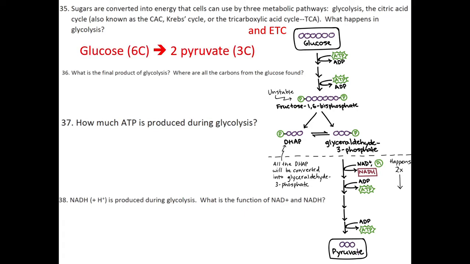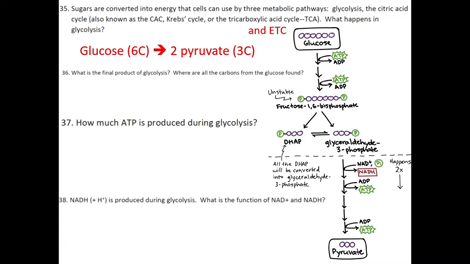So, oh wait, I've got 35. Sorry. All right. So what happens in glycolysis? We start from glucose. Each circle means a sugar ring. So means a carbon. Okay. All right.